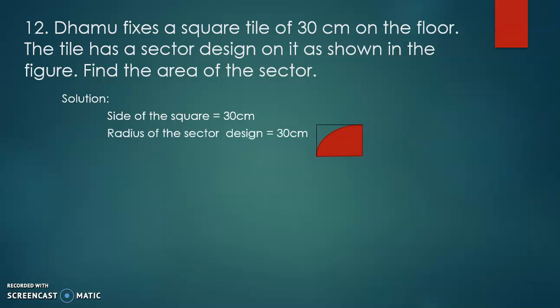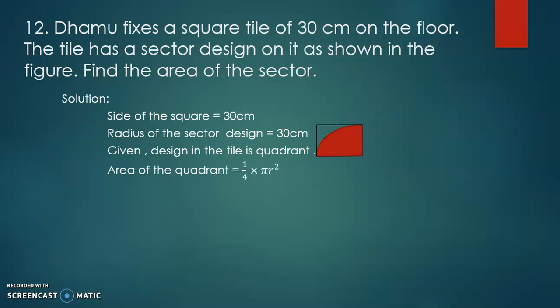Next one, radius of the sector design is equal to the same side, and that radius of the quadrant is the same, 30 centimeter. Next one, given design in the tile is a quadrant, the design is in the shape of quadrant. So area of the quadrant is equal to, you know the formula, already you learned in the lower classes, or otherwise you can take the same sector formula, theta by 360. Theta we have 90, so you can get 1 by 4 into pi r square, which is equal to 1 by 4 into pi value 3.14 into r value 30.